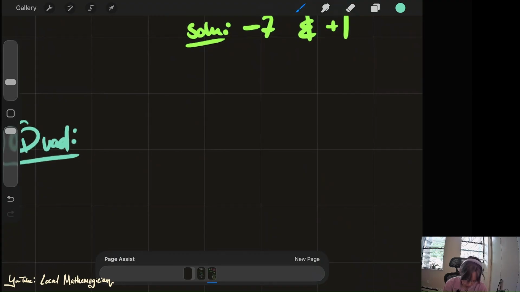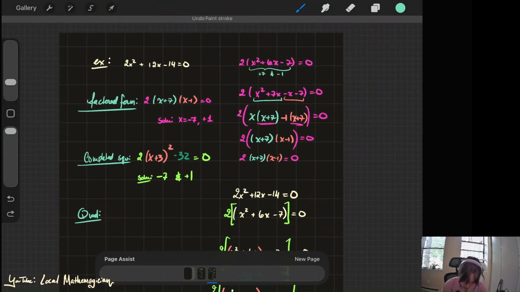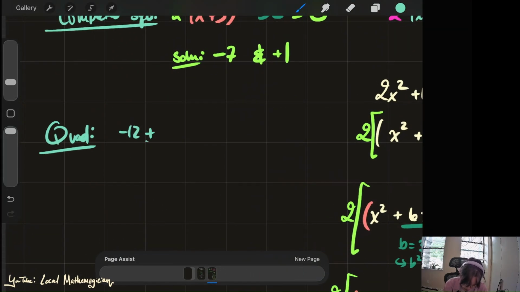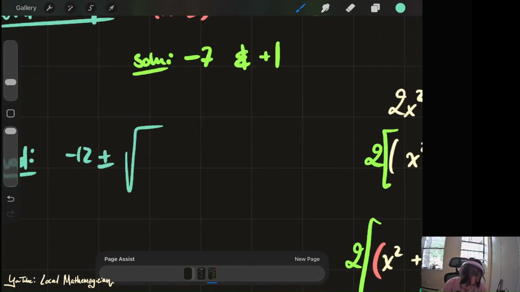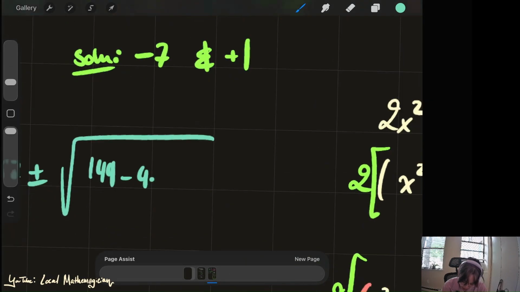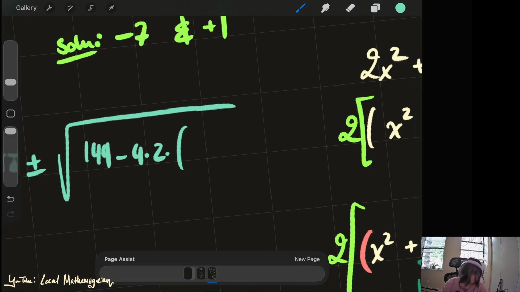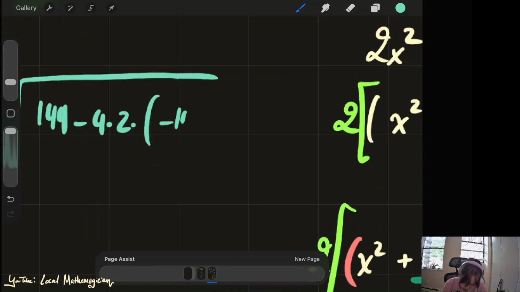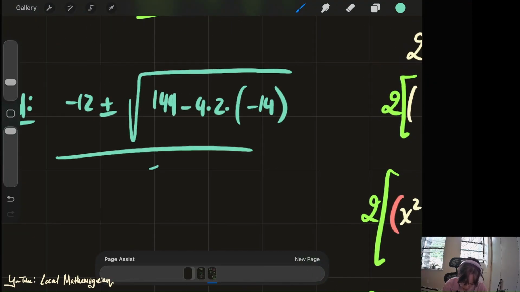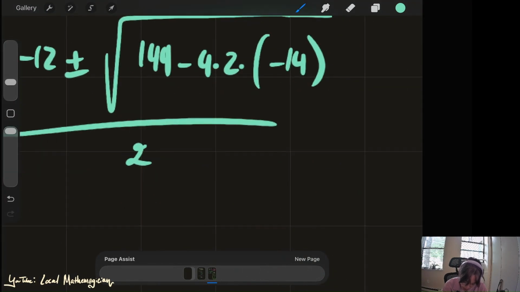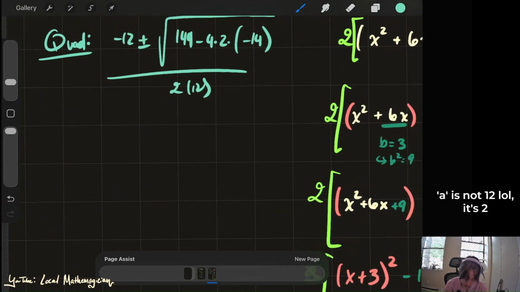You go negative b, so negative 12 plus or minus the square root of b squared, 144, minus 4 times a times, what is c, negative 14, all over 2a, which is 12, right?